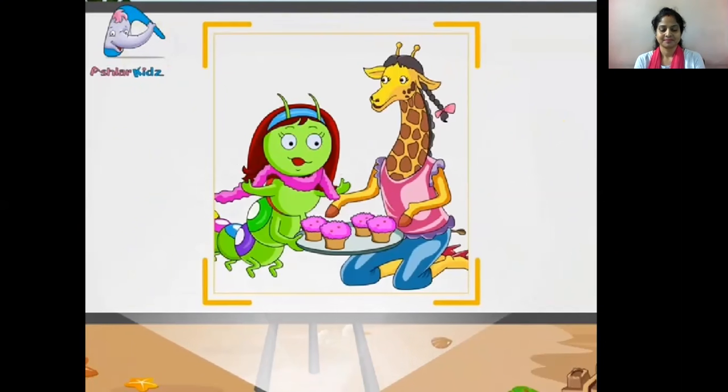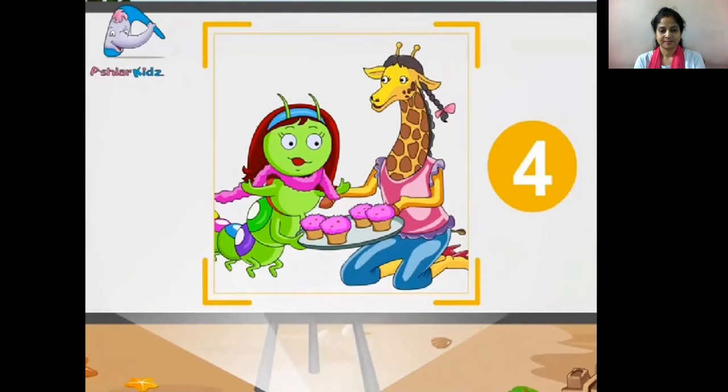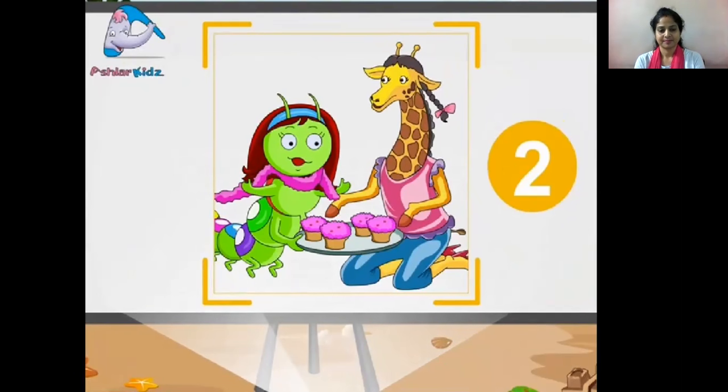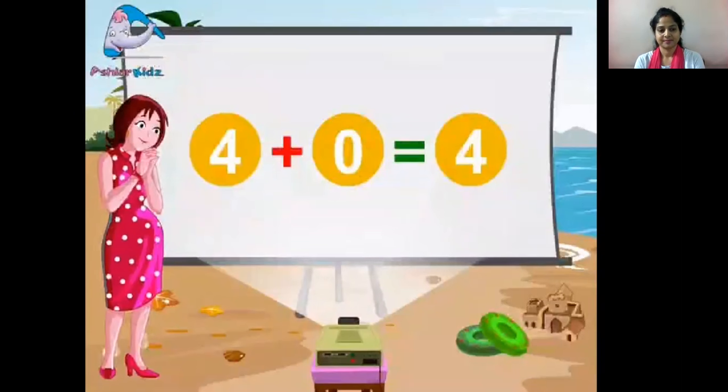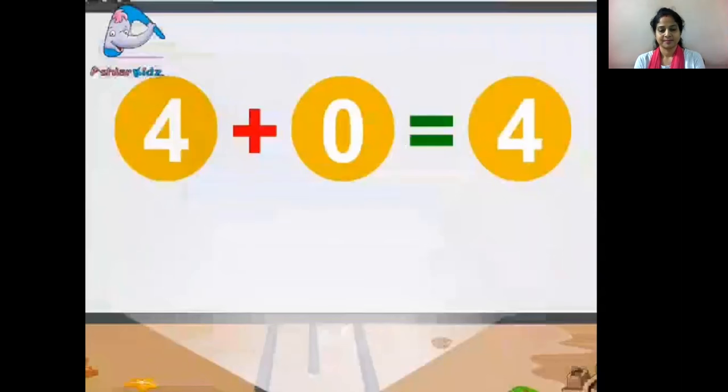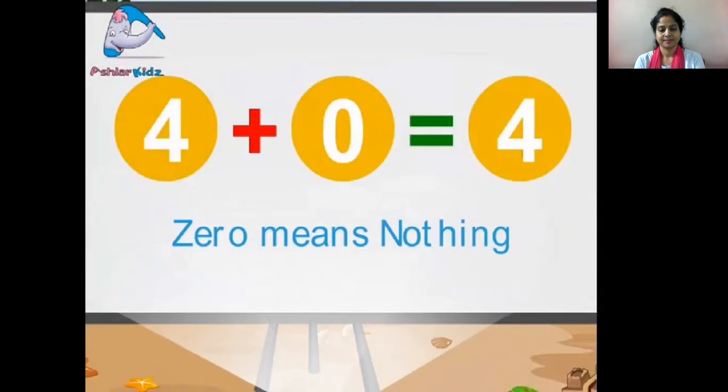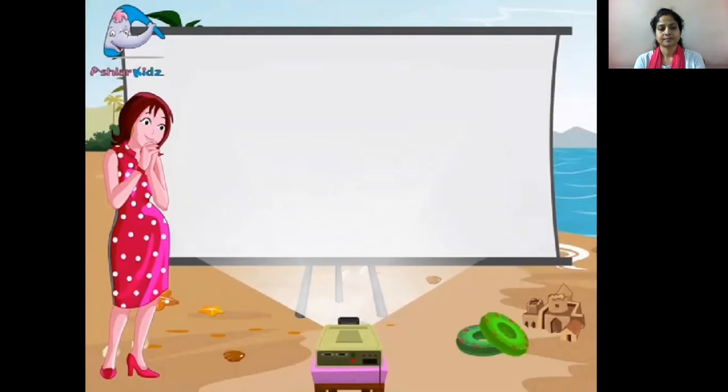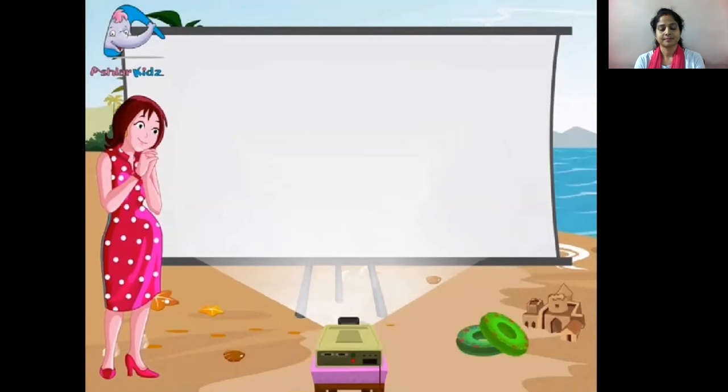Together they have 4 muffins. 1, 2, 3, 4. Did you understand? 0 means nothing. A number does not change if we add 0 to it. Did you understand? Great.